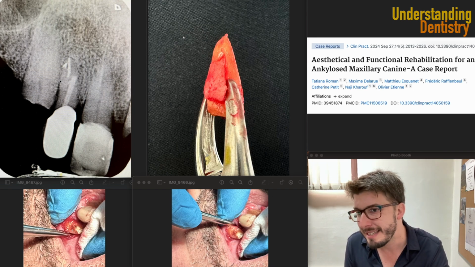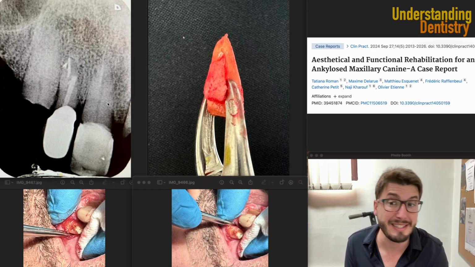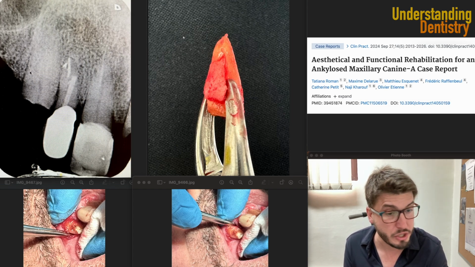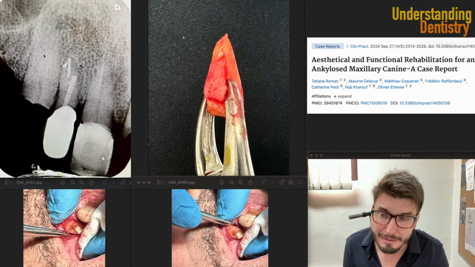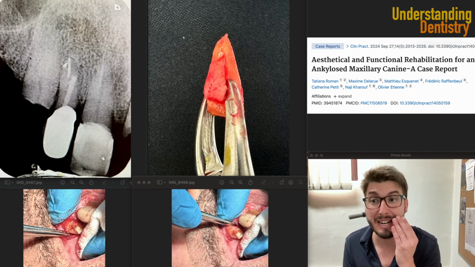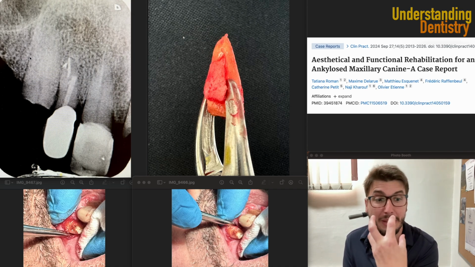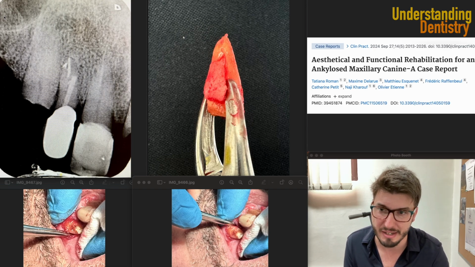And it might seem that we have the proximity between the canine and the lateral, but not really. This is basically the superimposition. Don't forget that there is a curve of the dental arch and a curve of the ridge, okay? Basically, the correct radiograph here would be a radiograph of canine and lateral incisors. So the canine and lateral incisors should be completely parallel to the radiograph, and that's actually not really what's happening here, right?